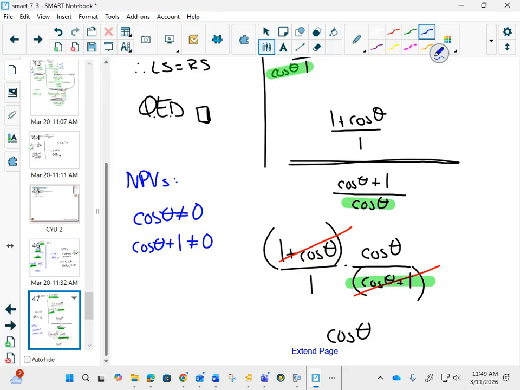When is cos of theta equal to 0? Cos of theta also does not equal -1. You're right, because of this one here, if we simplify this, this means cos of theta can't equal -1. So now I have to write all of the answers that do that. I'm going to write them with a big squiggle bracket.